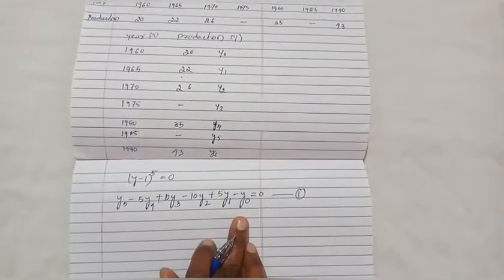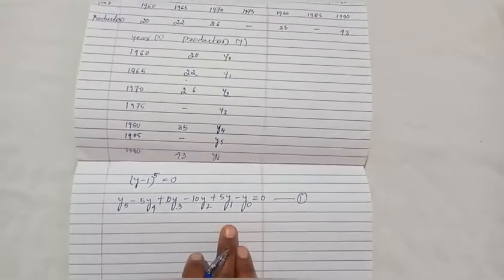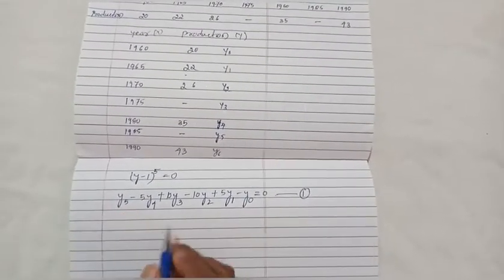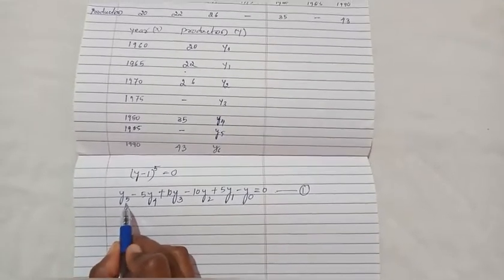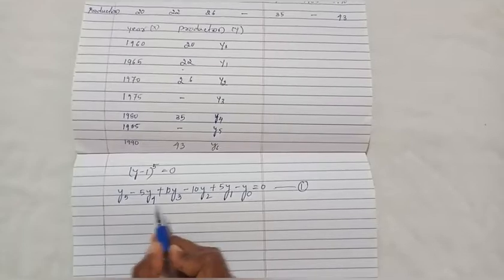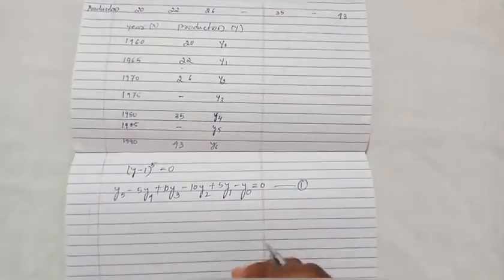Now we have two missing values. For that we only have to change the subscripts. Subscript means, you can see in this equation, this 5, this 4, this 3, 2, 1, 0. This subscript we have to change.